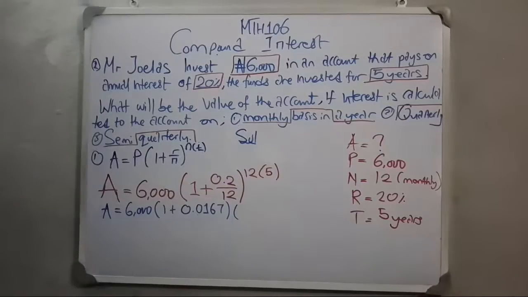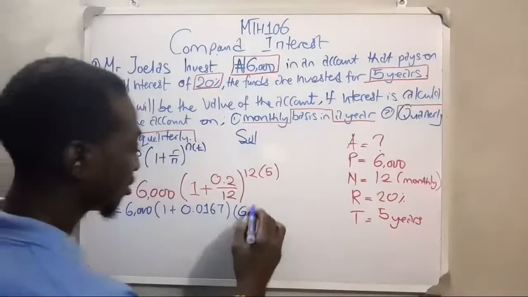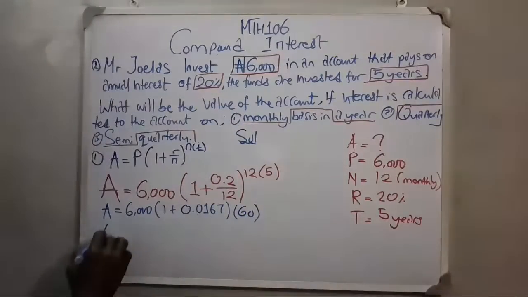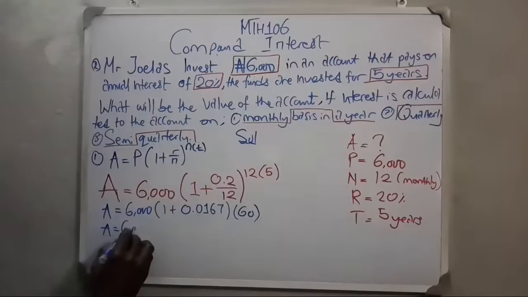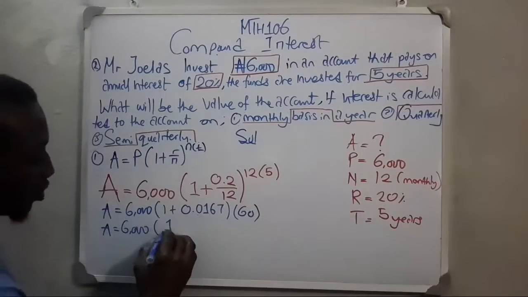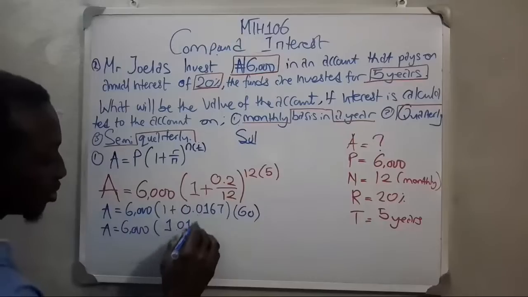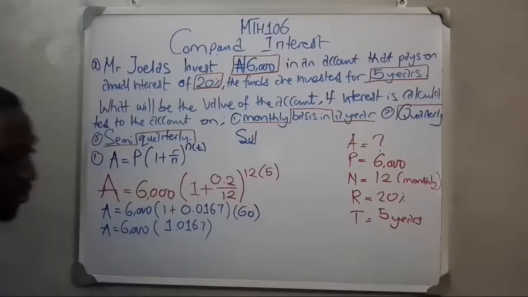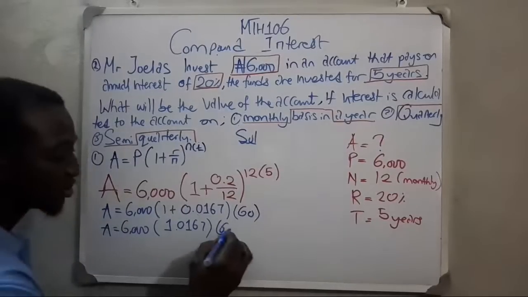Okay, 60. 12 multiplied by 5, we have 60. So we have A equals 6,000, and this is giving us 1.0167, multiplied by 60.